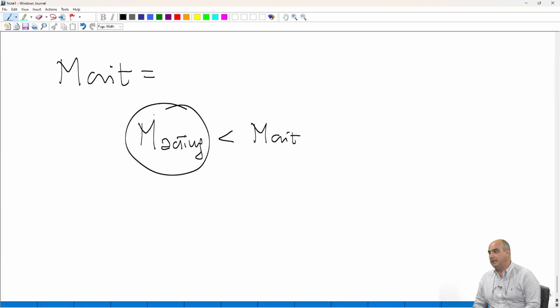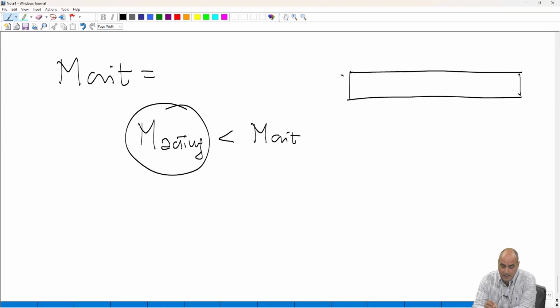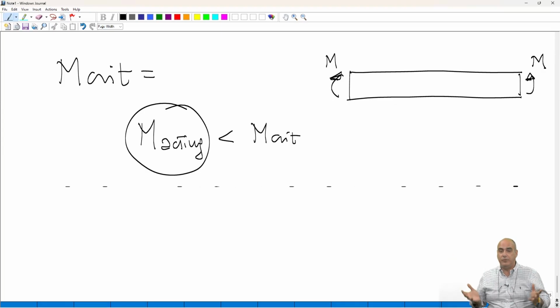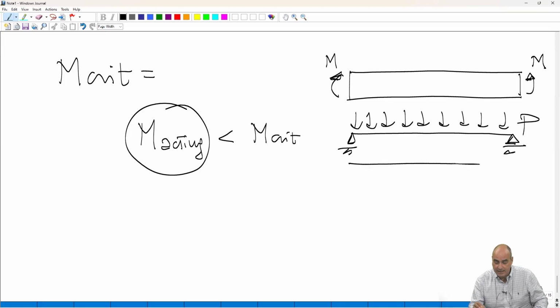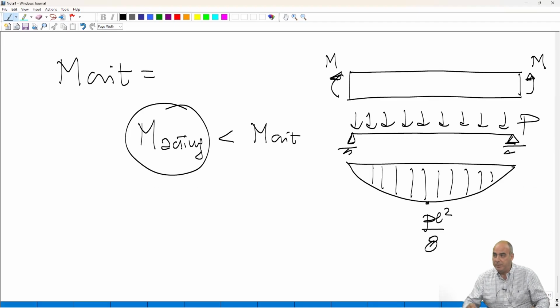But then what is this acting bending moment? Because when we started with the slides this morning, we had a problem which was this. But hardly in reality do you have a beam with a constant uniform bending moment. Most likely, if that beam is the beam that we have seen in the picture, we have something like this, and our bending moment will be a parabola with this maximum equal to PL squared over 8.